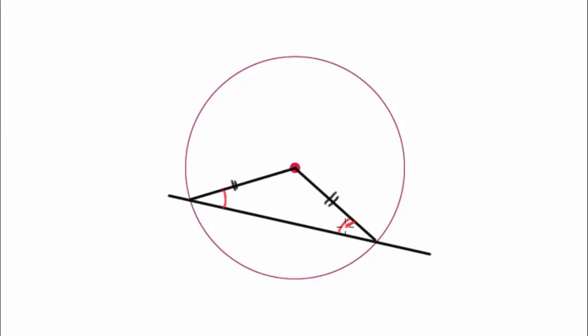So if we have a triangle in which two of the sides are an actual radius of the circle, then the two angles are the same.